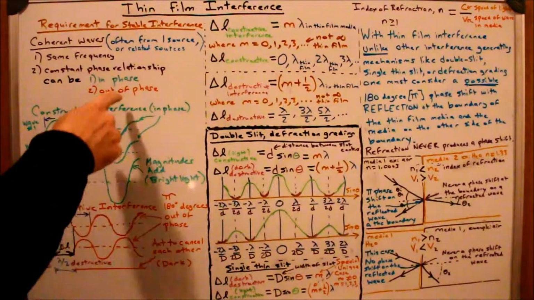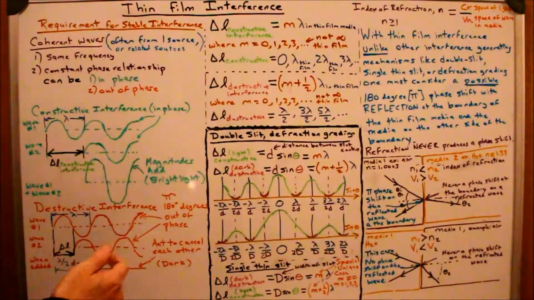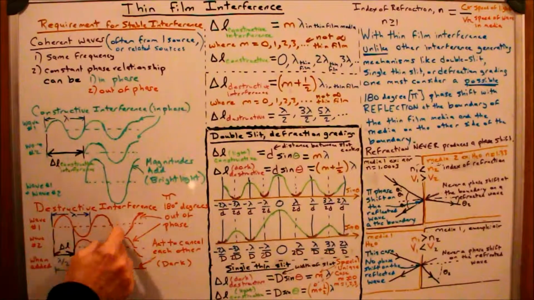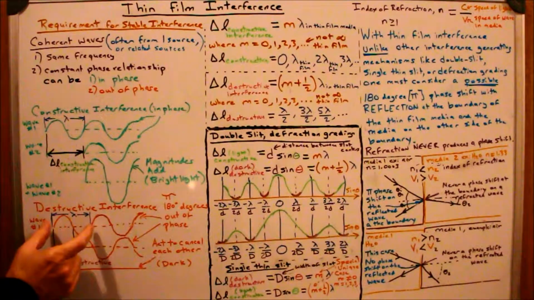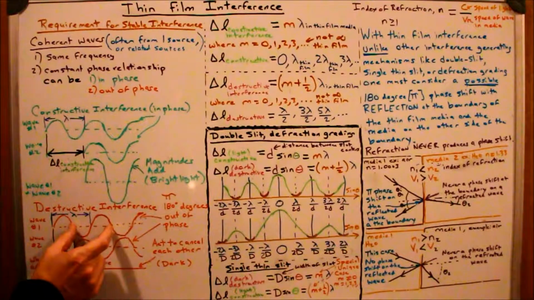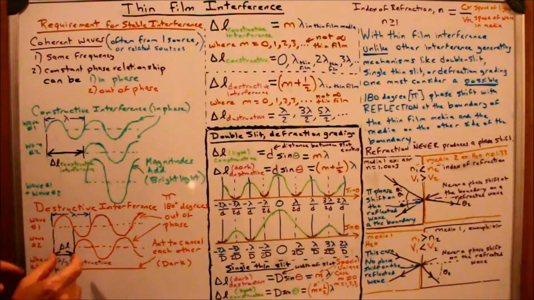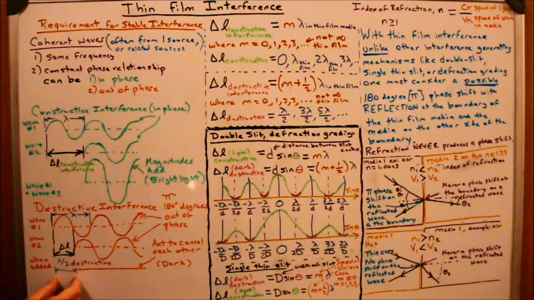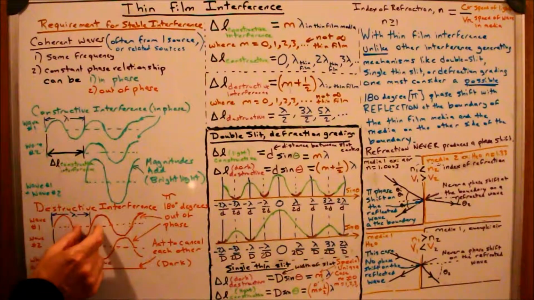The extreme opposite would be destructive interference. Here's the first wave and its wavelength, and I'm going to slide it a certain length. This time, I move it half a wavelength.